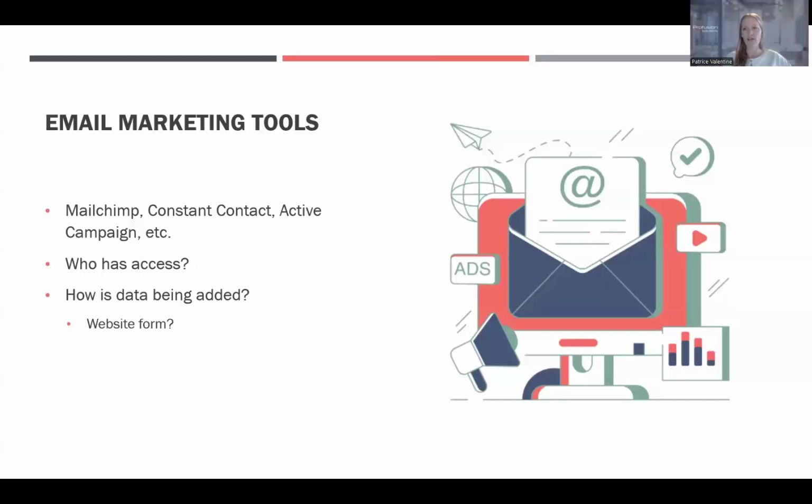And then the other thing I want to bring attention to here is how data is being added to your email marketing tools. So if you have a form on your website that's a newsletter sign-up form, and someone fills that out, they automatically get added to your email marketing list. That is great, but you're going to want to make sure that you have a double opt-in set up, or else you're adding a bunch of junky, potentially spammy email addresses to your newsletter, and you're potentially paying for those as well.